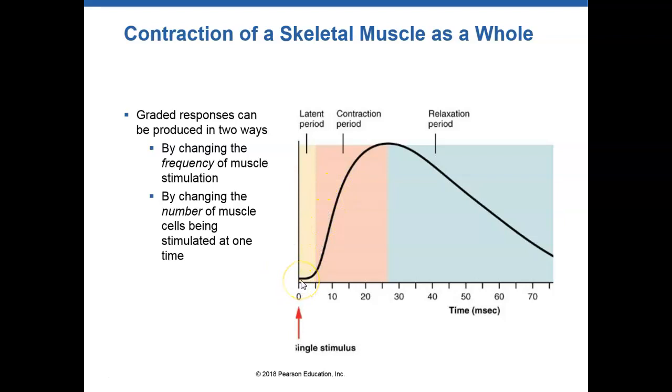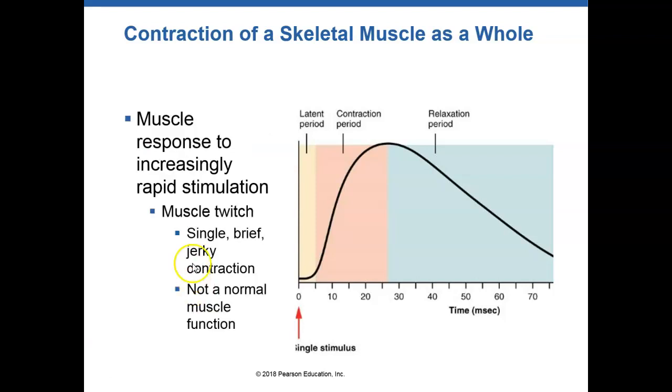This causes the contraction period, and then potassium is rushing out slower, but potassium moving out brings us back into the relaxation period. This is in milliseconds, so all of this occurs in less than a second. And so one single contraction is going to cause a single muscle twitch.